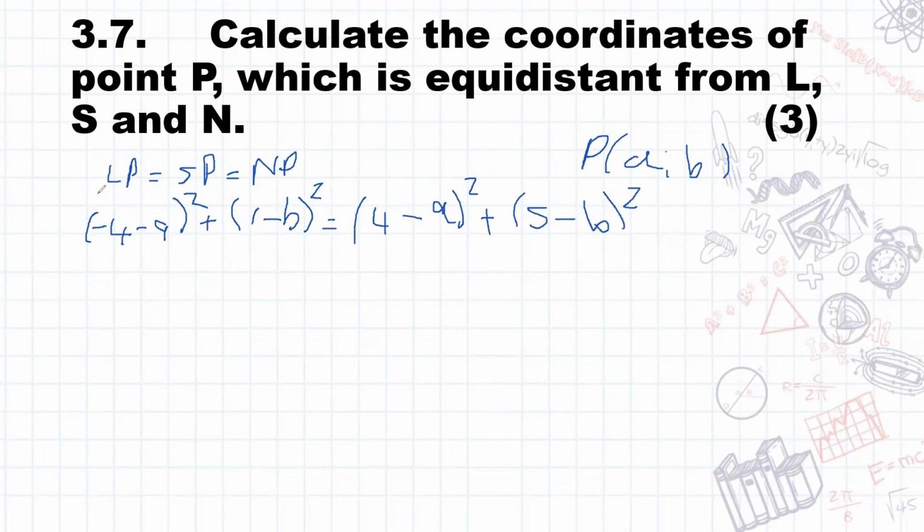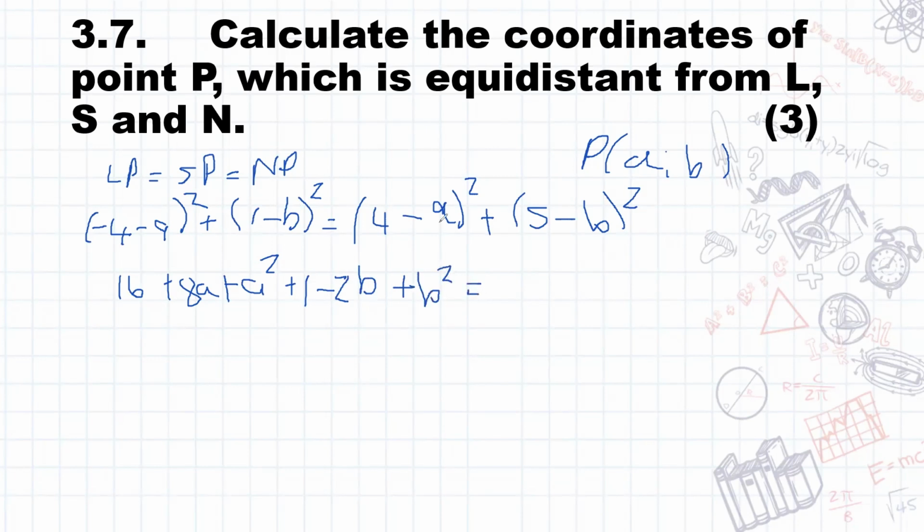If we simplify this, negative 4 squared is 16. Negative 4 times negative a is positive 4a, times 2 is 8a. And negative a squared is positive a squared. Then on the side, 1 squared is 1. 1 times negative b is negative b, times 2 is negative 2b. And b squared.